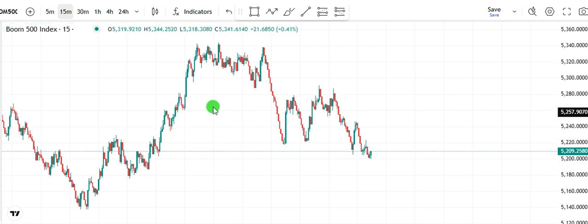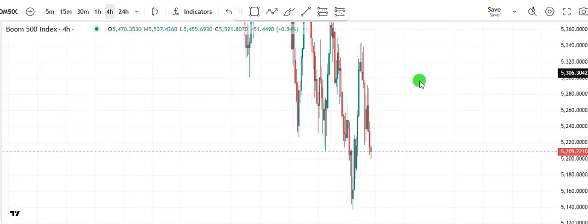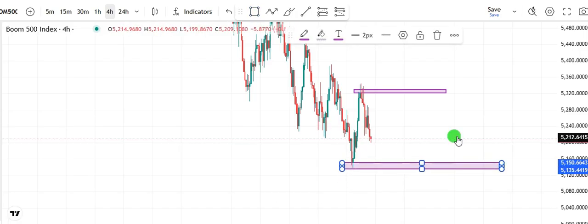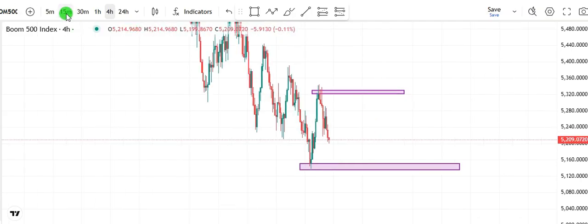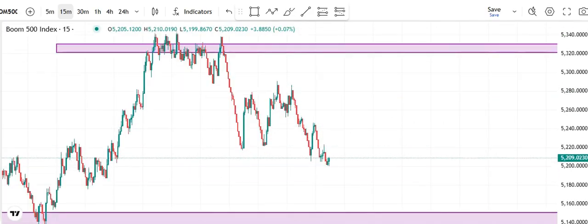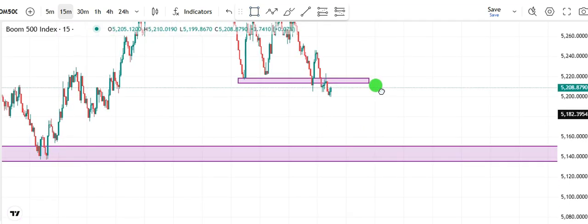Okay, so go to the H4. Okay, high and low. Let's see if you are seeing an existing change of structure to the bearish, internal levels.